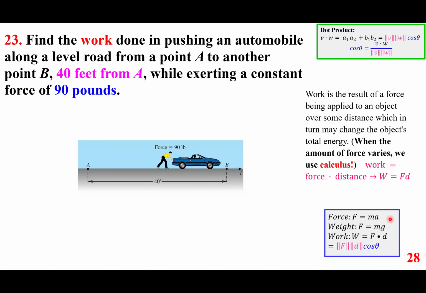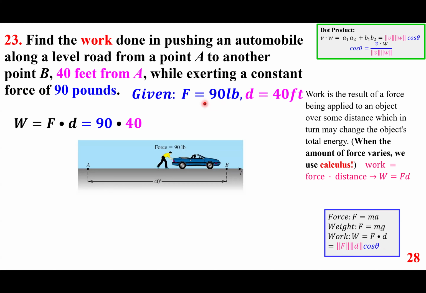Force F equals MA, you may remember, or the weight is mg. So work W is the magnitude of F times the magnitude of D times cosine theta. In this case, it is simply FD. So F is 90, D is 40.